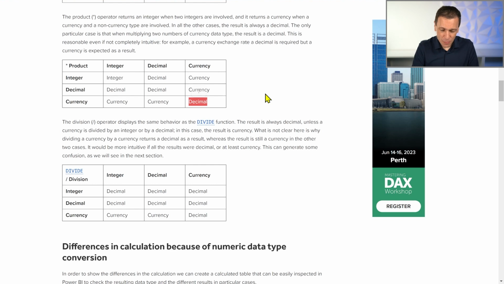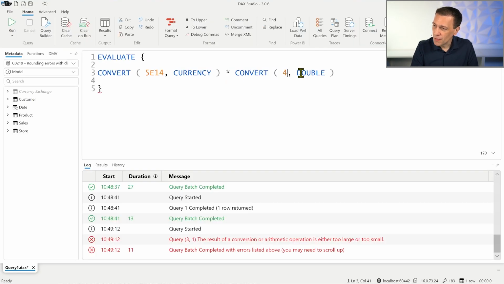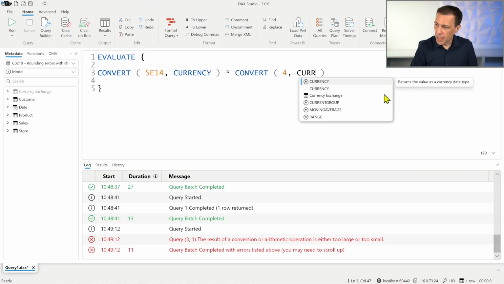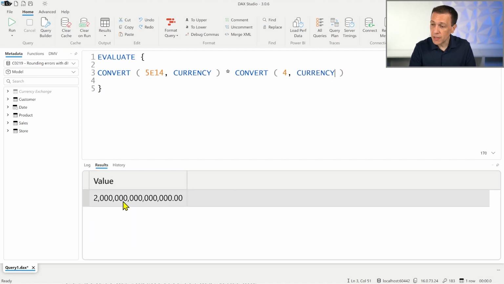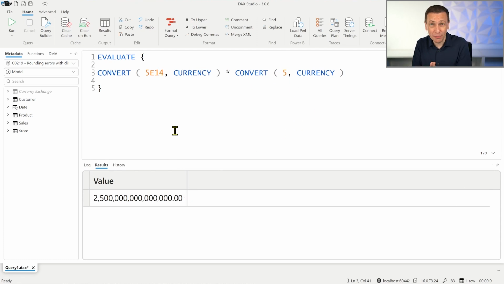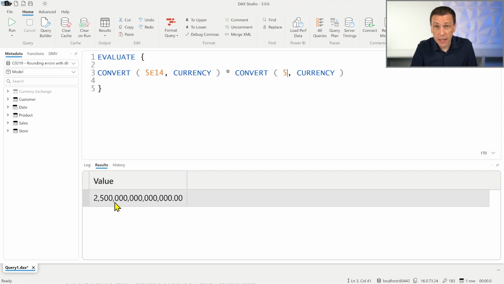And what happens at this point if we try to multiply the two currencies? Well, if I use a currency again here and run the code now, you see that the result is correct. Look at that. If I put 5, the result is correct. And actually, we have the good number. But at this point, pay attention, because the number of significant digits of the result is limited to 15, which means that it's not that the others are not present.